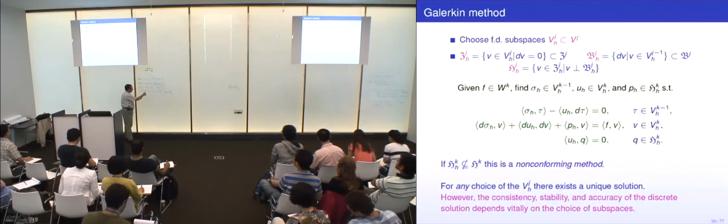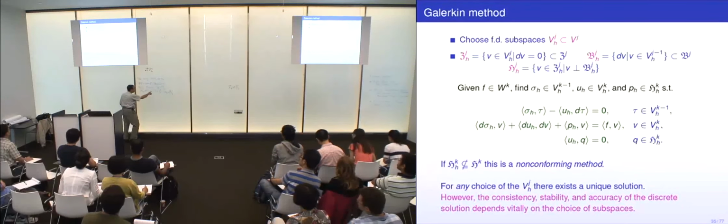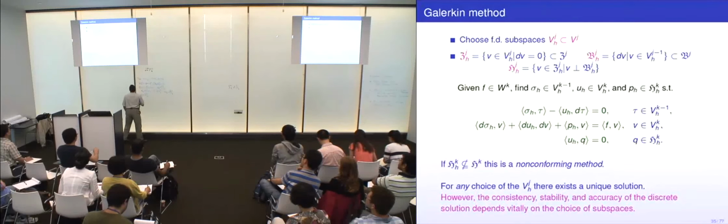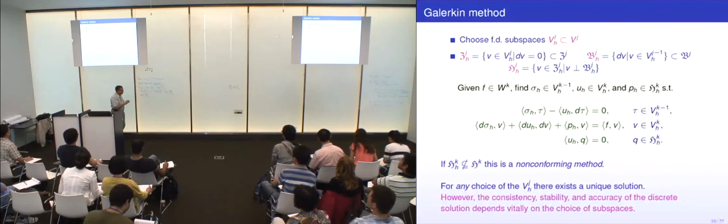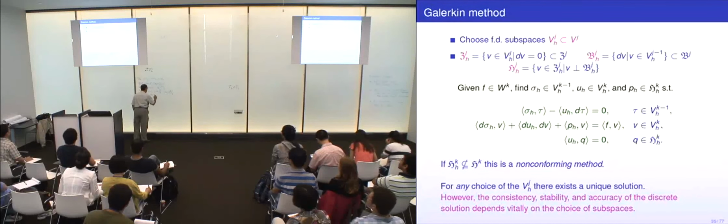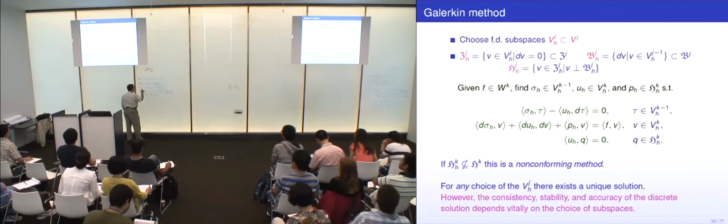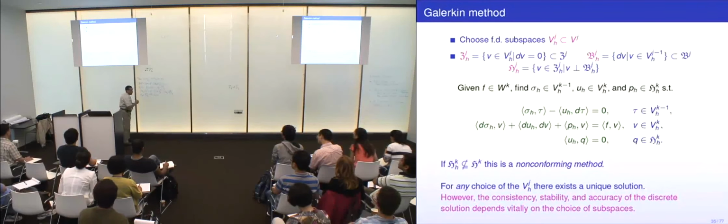It's orthogonal to everything in D. We know sigma H is 0, so we only have that term left. So UH is a cycle that's orthogonal to boundaries, so that says that UH is a discrete harmonic function. And then we take the last equation, which says UH is orthogonal to the discrete harmonic function, so UH is 0. So now we have sigma H is 0 and UH is 0, and then the middle equation tells us PH is 0.